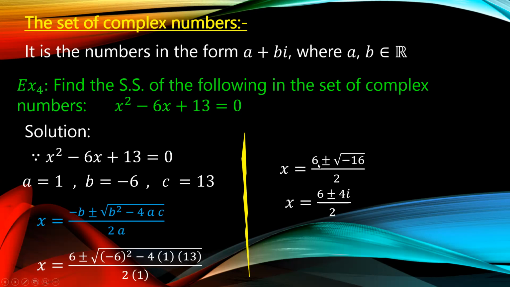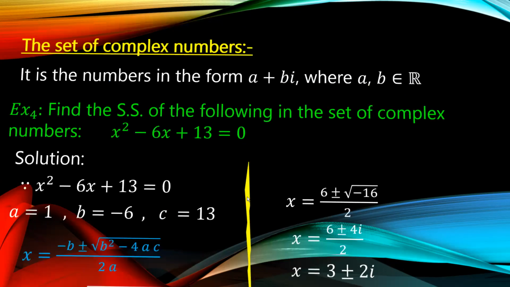Then 6 plus or minus 4i over 2. I can simplify it: 6 over 2 equals 3, 4 over 2 equals 2. Then the solution set equals 3 plus 2i and 3 minus 2i.